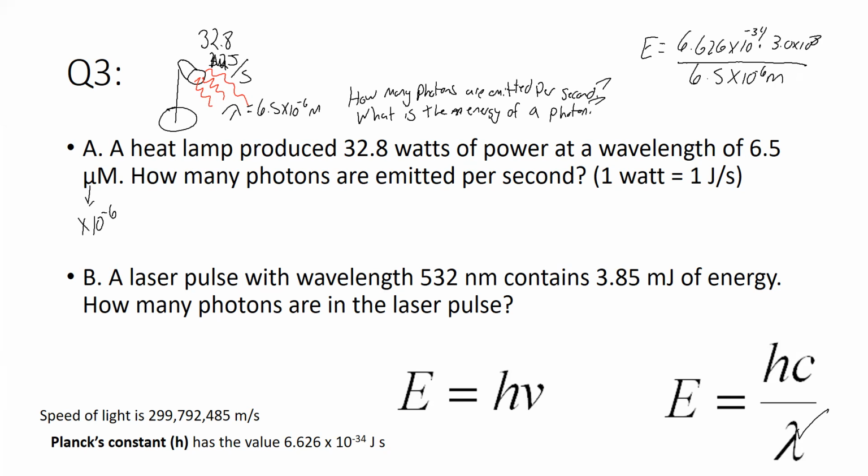So that's the setup of how to figure out the energy of one photon. So let me do this calculation. 6.626 times 10 to the minus 34 multiplied by 3.0 times 10 to the power of 8. Take that number, divide it by 6.5 times 10 to the minus 6.